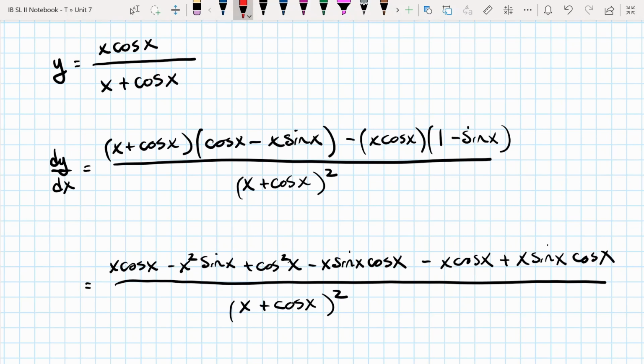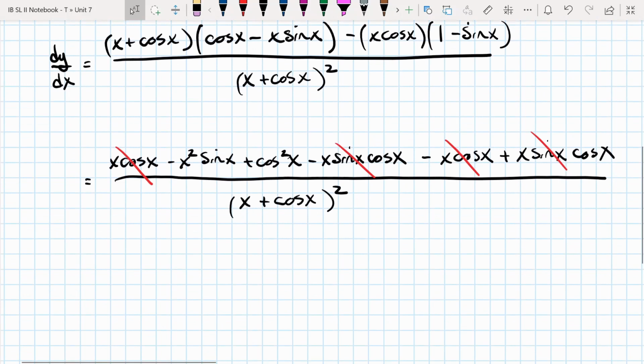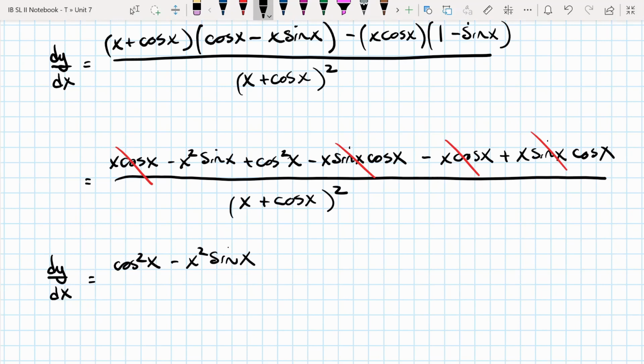All right, so this simplifies nicely because these cancel, and so do these. And so I'm going to change the order in the numerator, but we end up with the derivative of this function being cosine squared x minus x squared sine x over x plus cosine of x squared.